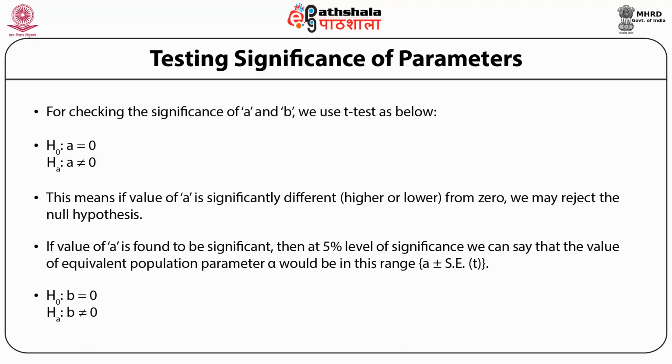As far as the range of this parameter is concerned, it can also be calculated using the formula a plus minus standard error of t-test, and similarly we can find out the significance of the beta, that is equal to the b, and the range of the b.